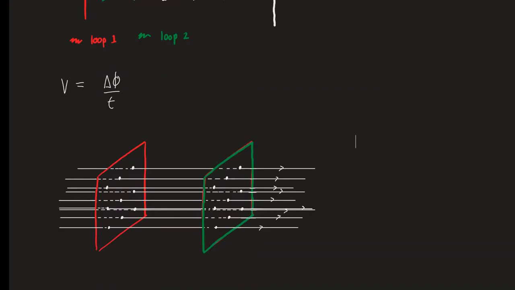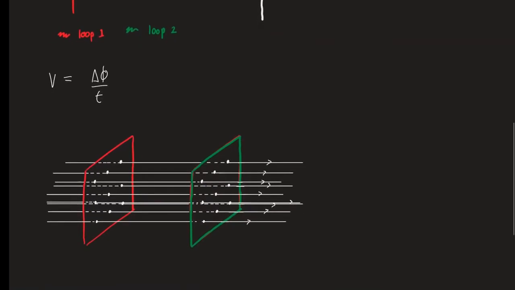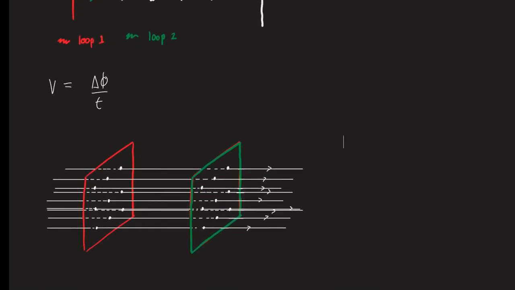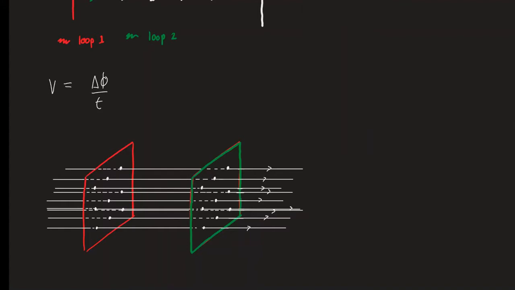This picture just focuses on the first two loops, loop 1 and loop 2, and it treats them as if they're completely separate loops. They're not part of one coil, but that will make it easier to see what's going on. If we look very closely at this picture, it's easiest just to look at the dots that are sitting on each surface.